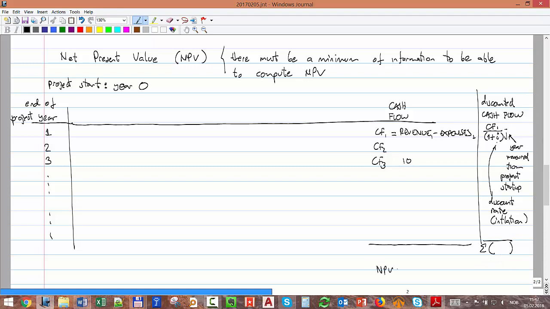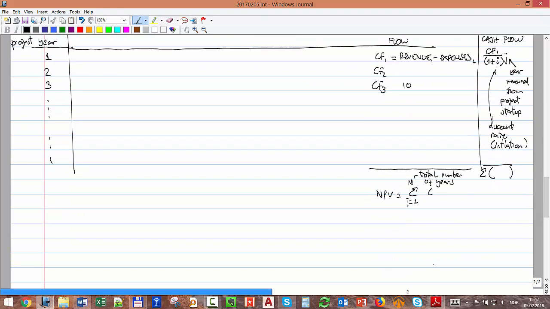NPV is just the sum from year, I'm using J, equal 1 to N, where N is the total number of years, of the cash flow in each year: cash flow in J divided by 1 plus I to the power of J. Okay, if you want to make it very compact. Yes?